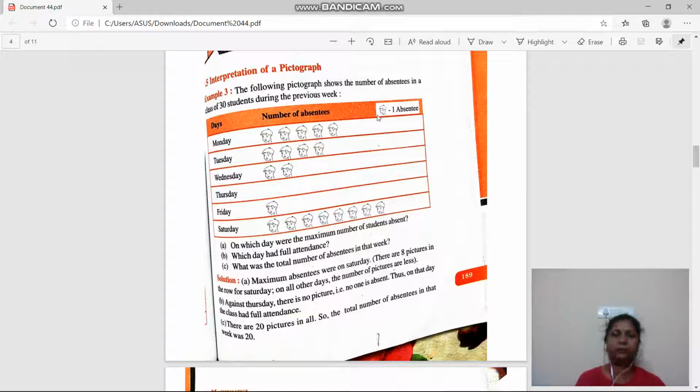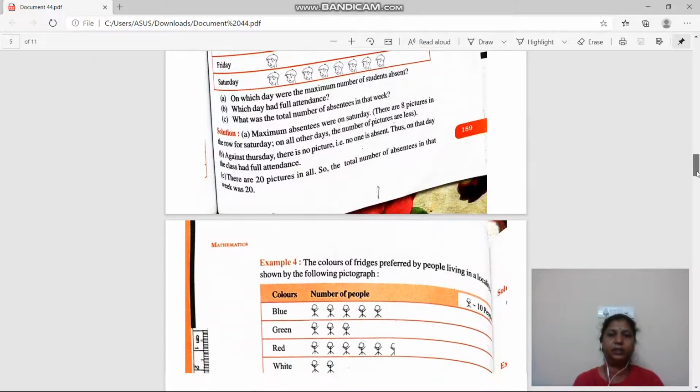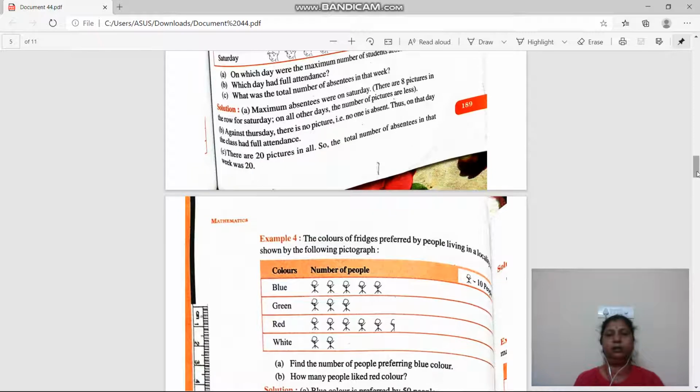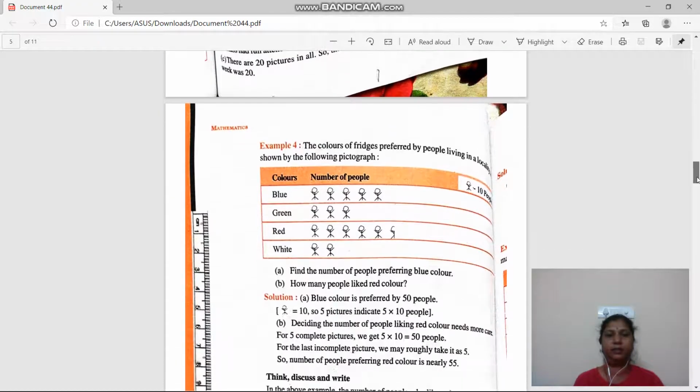But here also there is a scale. Every time one picture does not represent one. For more than one, we have to take a scale which is greater than 1. So see in this fourth example, this one symbol represents 10 people.